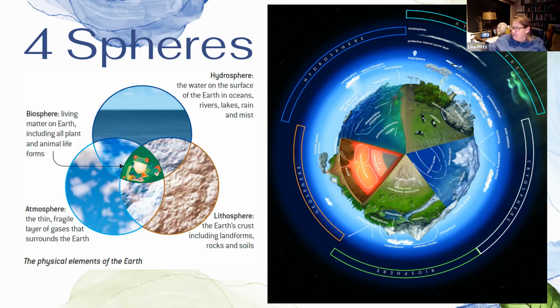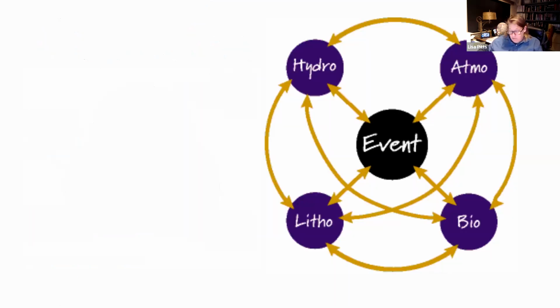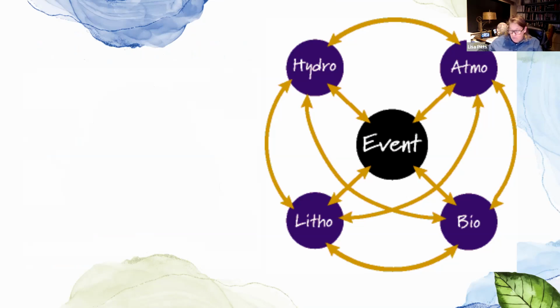But in addition to that, in this class, we're going to talk about the interactions between these spheres. So all 4 of those spheres have individual identities, but it's important to understand the relationship and interaction between them. So environmental scientists study the effects of one sphere on other spheres.